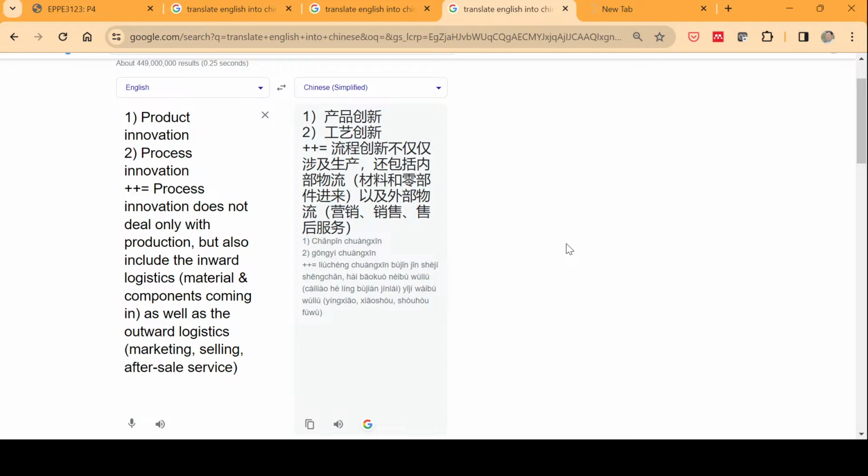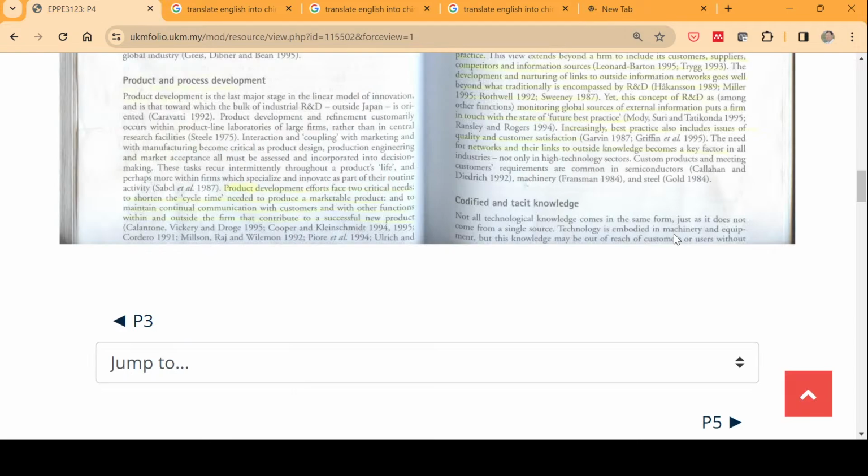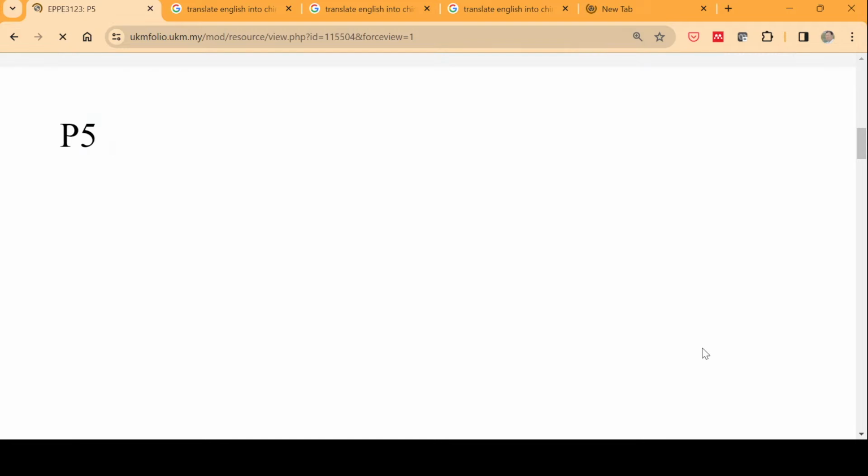Technology is embedded in machinery and equipment, but this knowledge may be out of reach of customers or users without documentation and manuals that codify it. So these documents may be accessible or comprehensible only to repair technicians and others with adequate training.